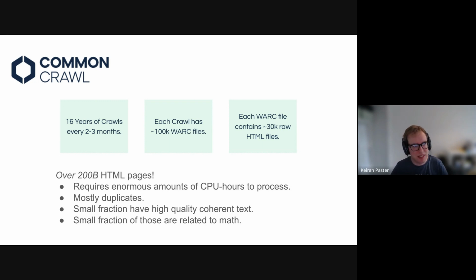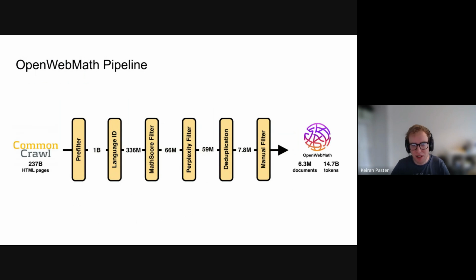So the goal here is to take this Common Crawl data set and distill it down to all the pages that are high quality, unique, and related to math, with OpenWebMath. At a high level, we start with these 237 billion HTML pages in Common Crawl, and we have a bunch of stages to our processing to end up with our data set, which contains 15 billion tokens and around 6 million documents.